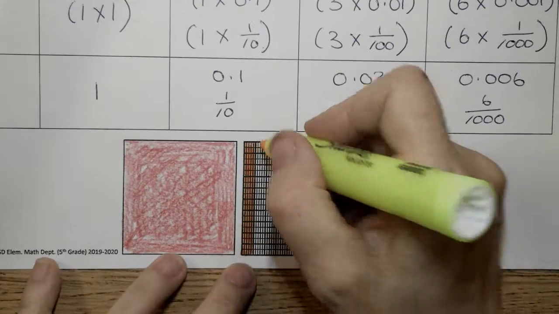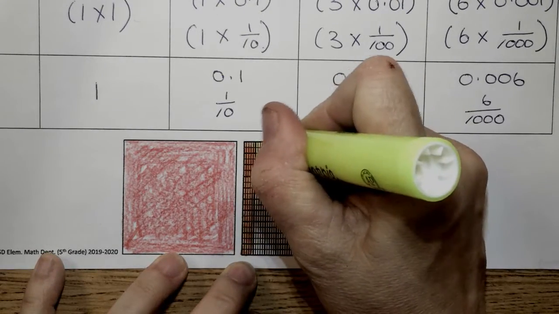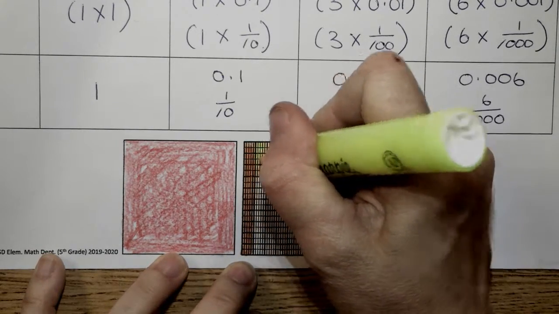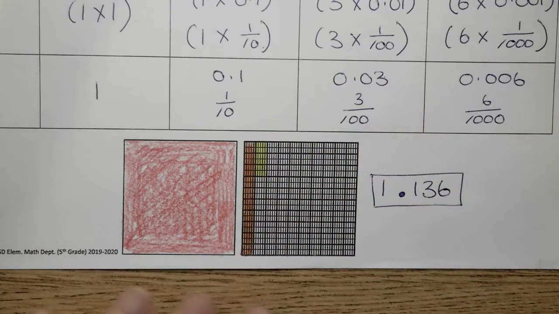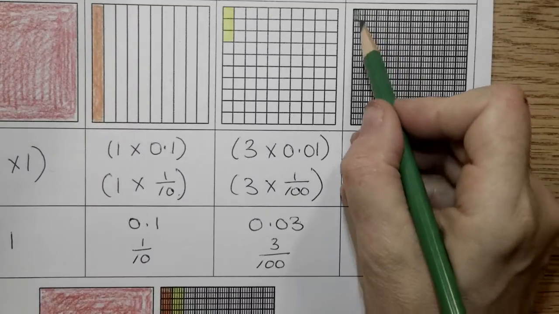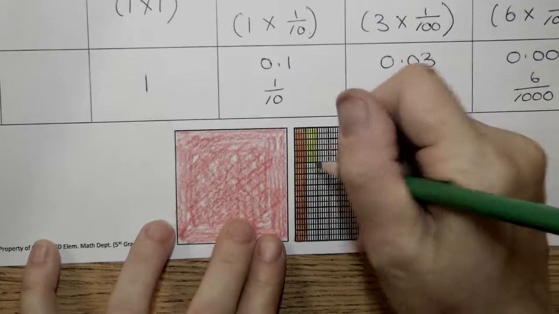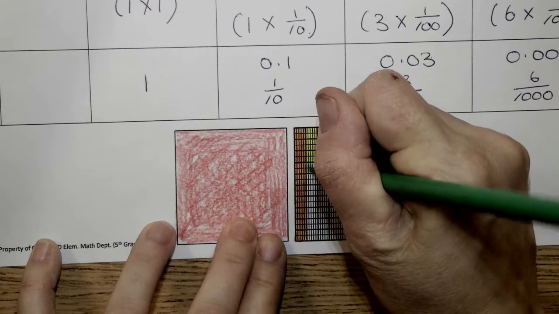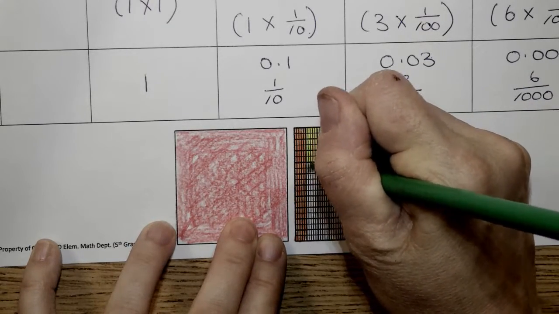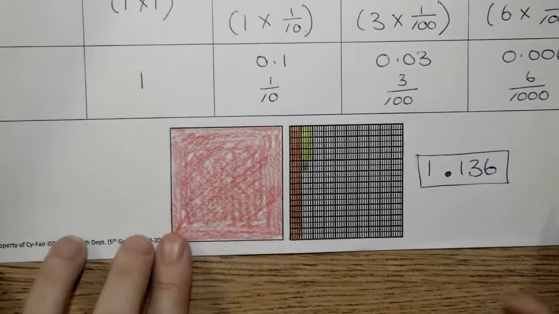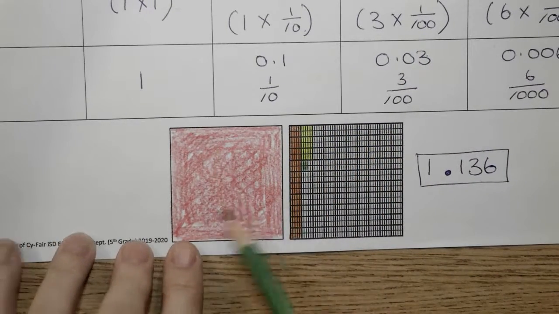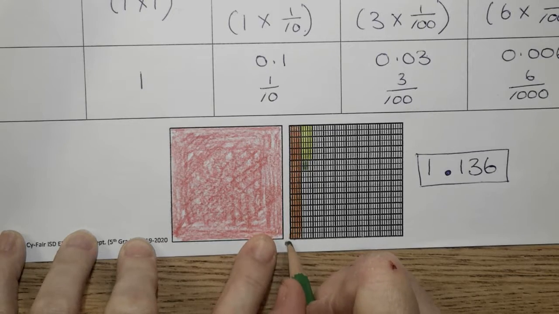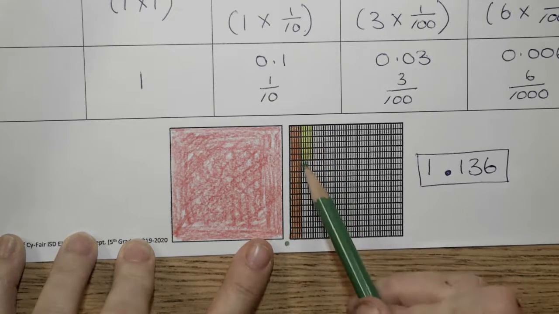And then we're going to have 3 groups of hundredths, so I'm going to add that in. And then I'm going to go ahead and add my 6 thousandths. And so that's what my completed number looks like. 1.136.